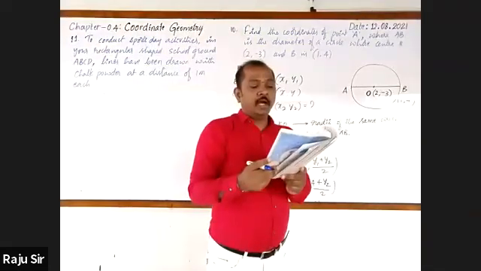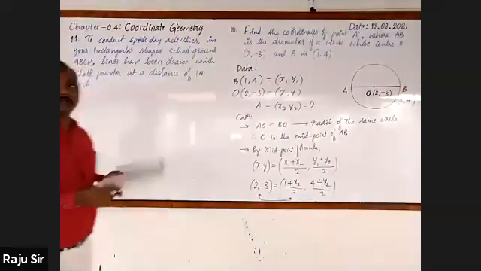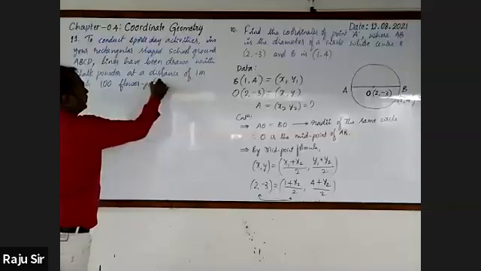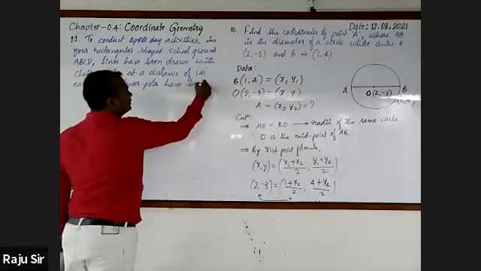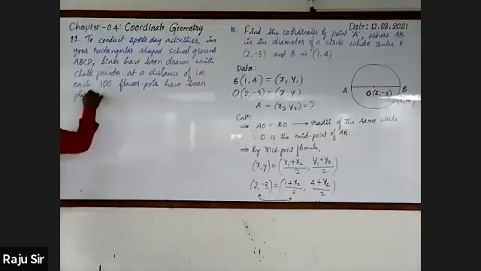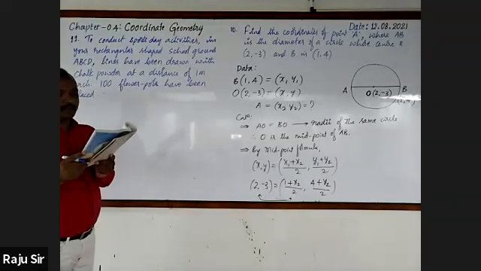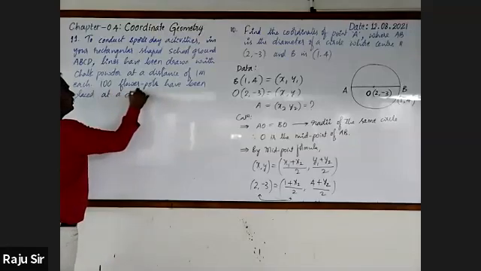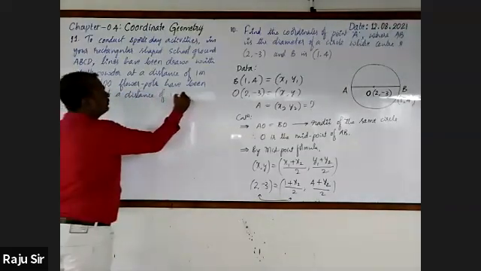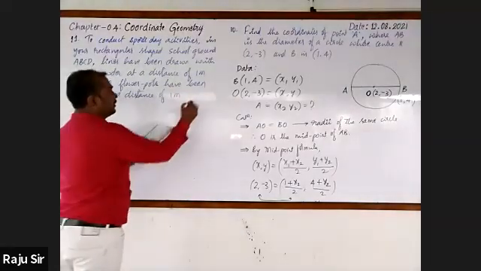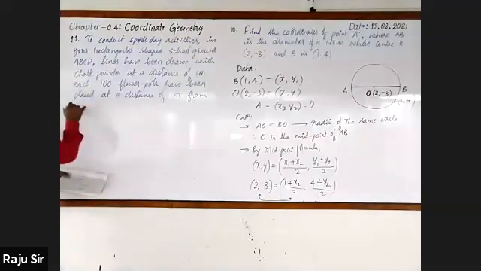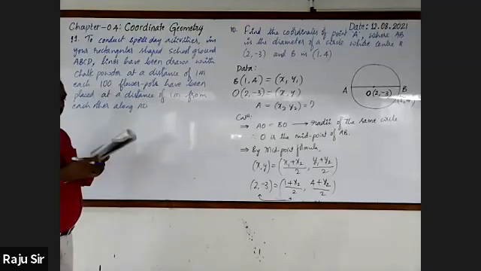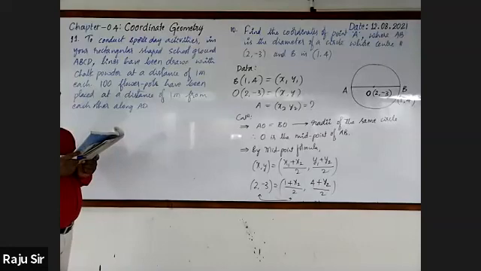Full stop. 100 flower pots have been placed at a distance of 1 meter from each other along AD. Full stop.